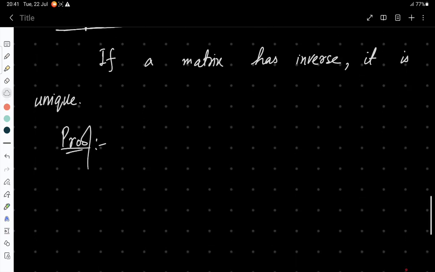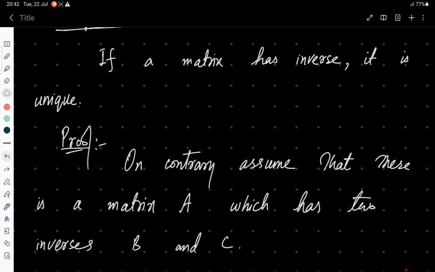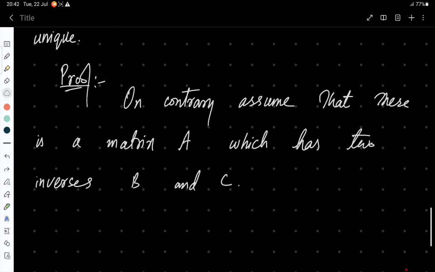When in mathematics we have to prove something, we usually assume on the contrary that it is false, and then if a contradiction comes up, that contradiction implies that our assumption was wrong, so the original statement is true. So we will assume on the contrary that A has more than one inverse.